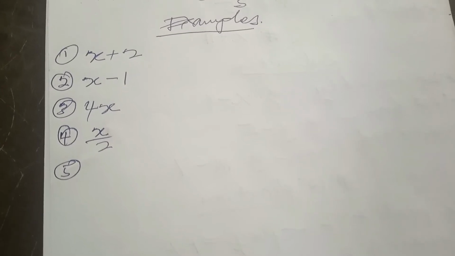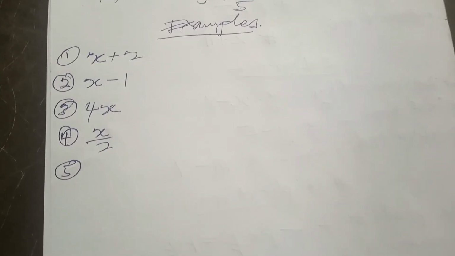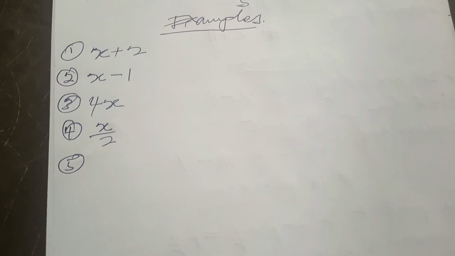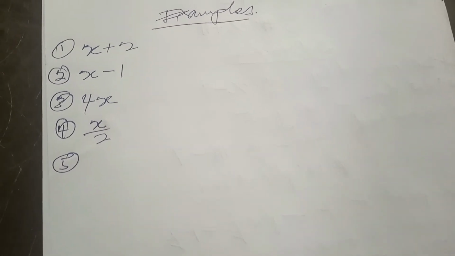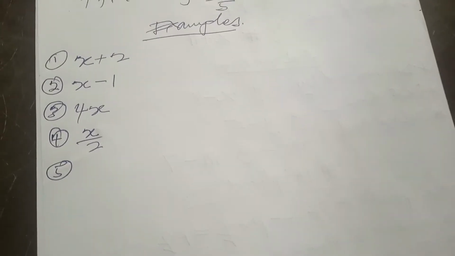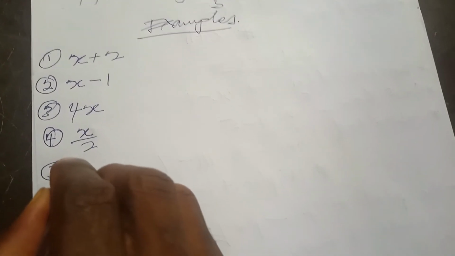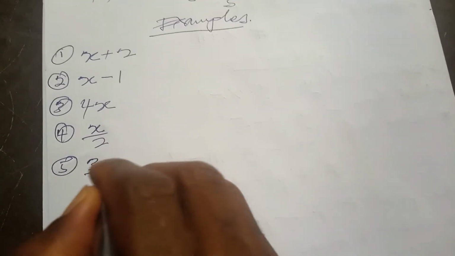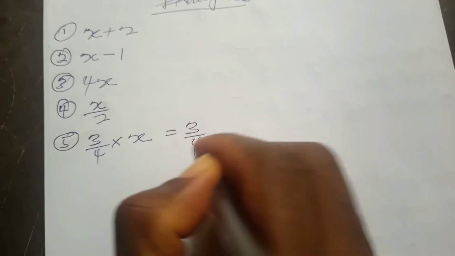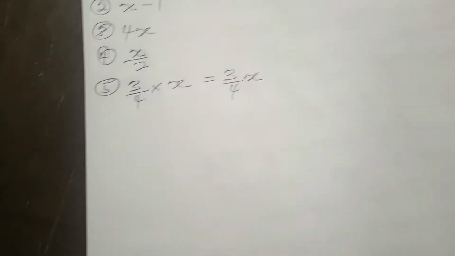Let's take another example. 3/4 of x. Of in mathematics means multiplication. So 3/4 is 3 over 4 of x. I'm sure that should give you 3 over 4 times x, or some people write it 3x over 4, which is also correct.